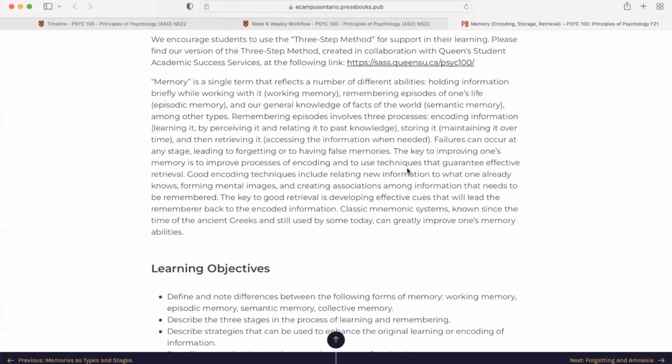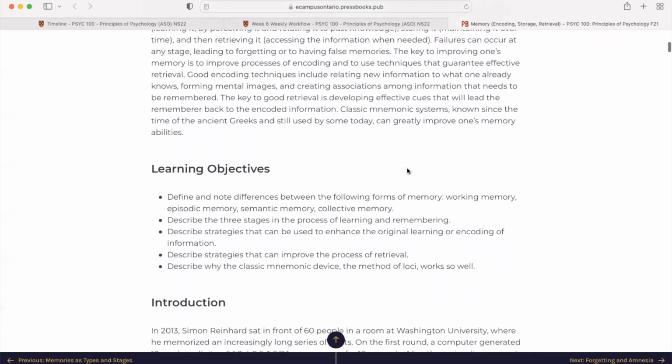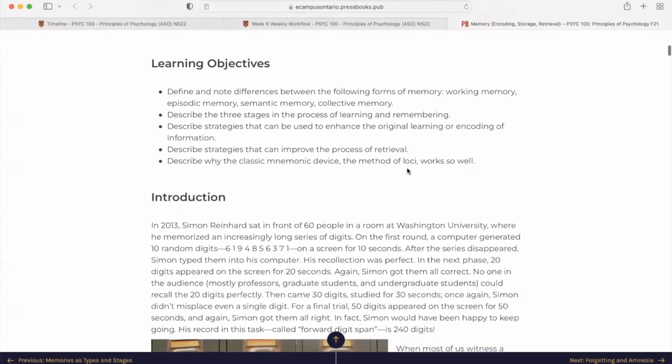The key to good retrieval is developing effective cues that will lead the rememberer back to the encoded information. Classic mnemonic systems, known since the time of the ancient Greeks and still used by some today, can greatly improve one's memory abilities.